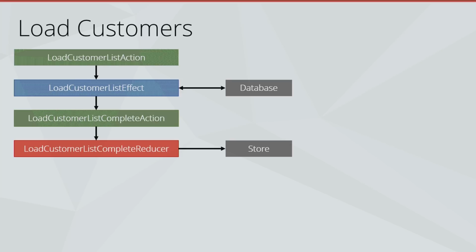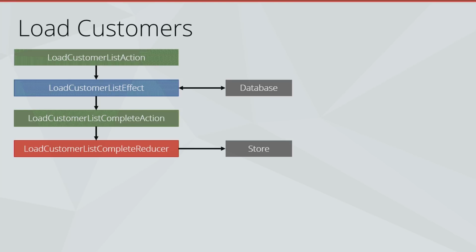So let's take a look at a single pathway through my application and the actions it will run. I want to load that list of customers. So I'll raise an action because I start off with an empty store. It's got that structure, but no data inside it. So I'm going to feed it the action, load customer list. That load customer list is going to call an effect, the load customer list effect, and that's the thing that has the dependency on the database.